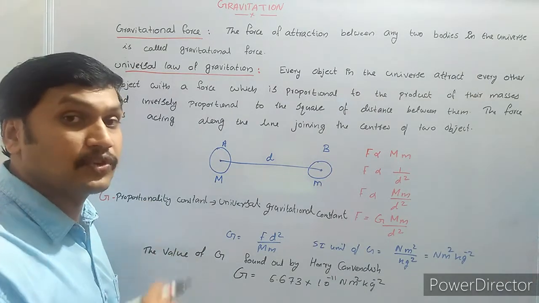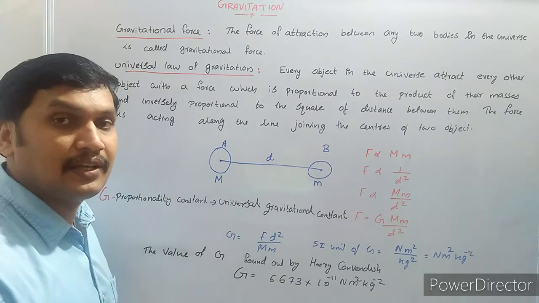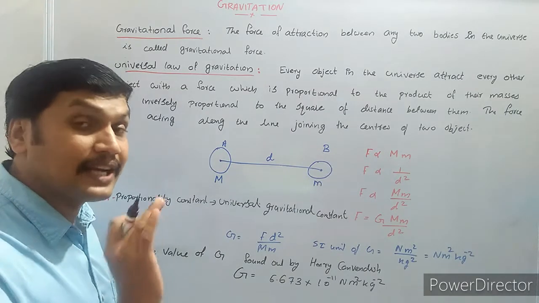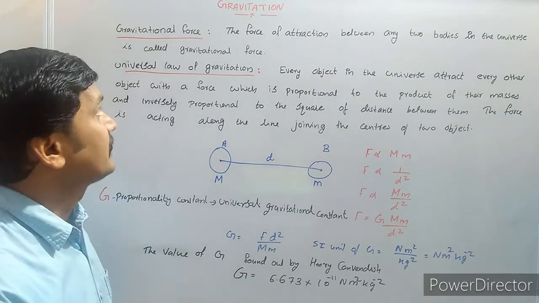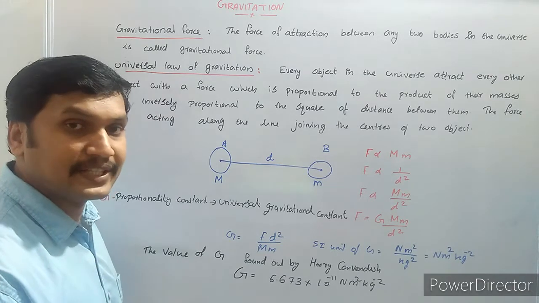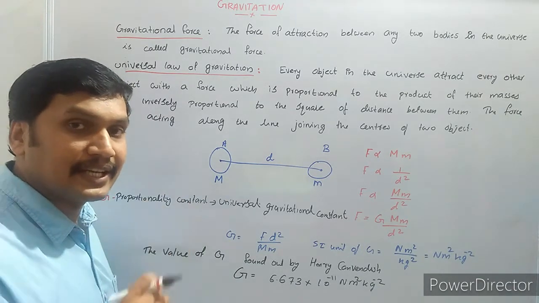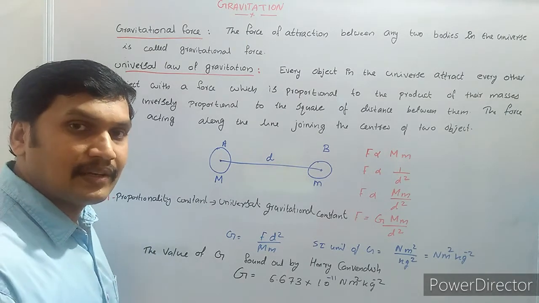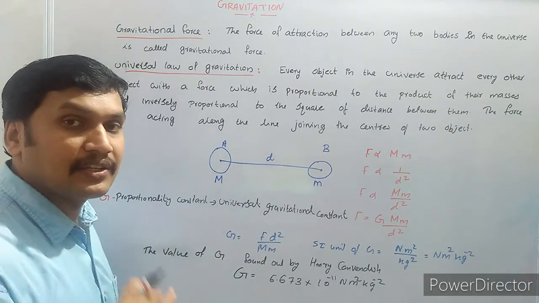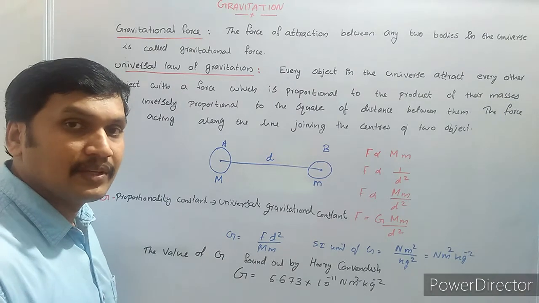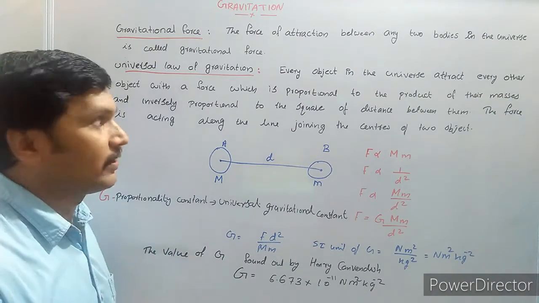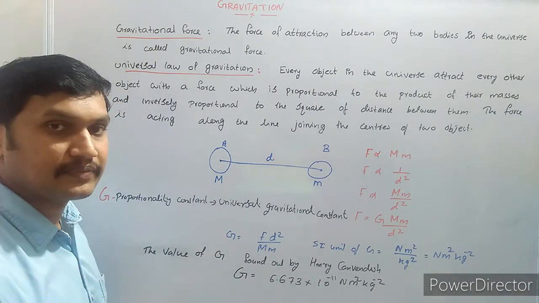There is an attractive force between every object in the universe, and that attractive force is known as the gravitational force. For example, the Earth attracts the Moon, the Sun attracts all planets. Every object in the universe attracts each other.